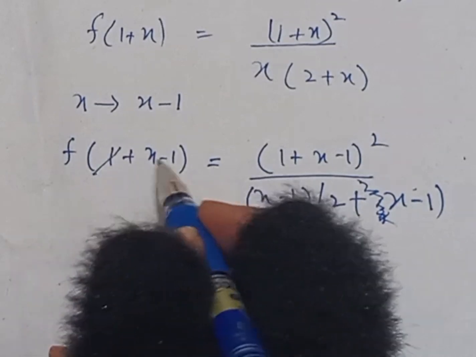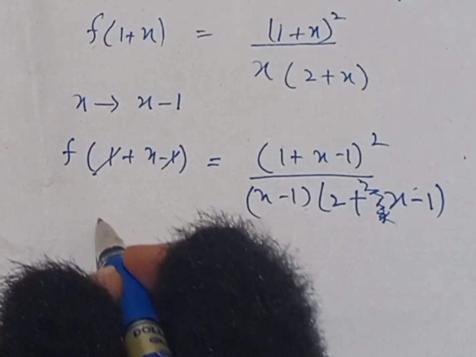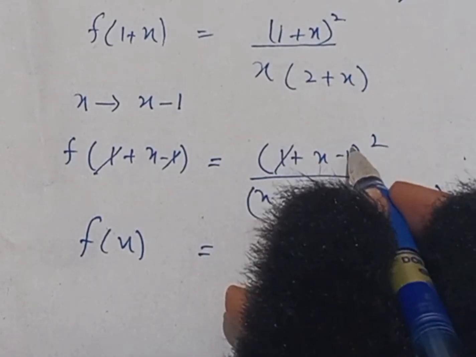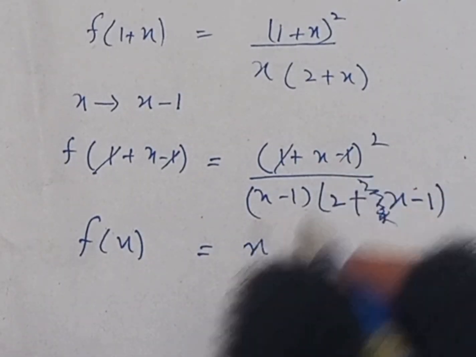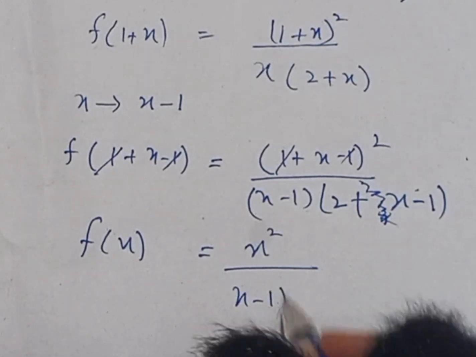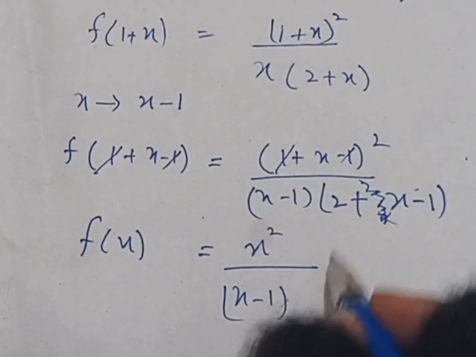So this 1 and minus 1 will cancel, we just get f of x. This 1 and 1 cancel, and this will become x squared. And look at the denominator, x minus 1, and 2 minus 1 is 1.